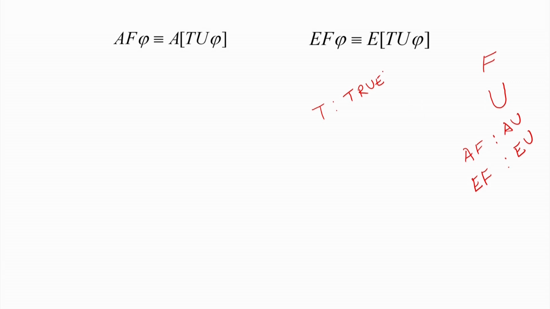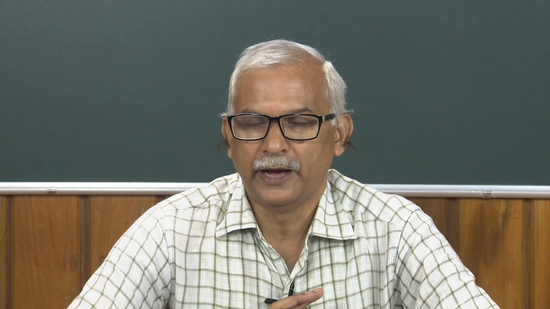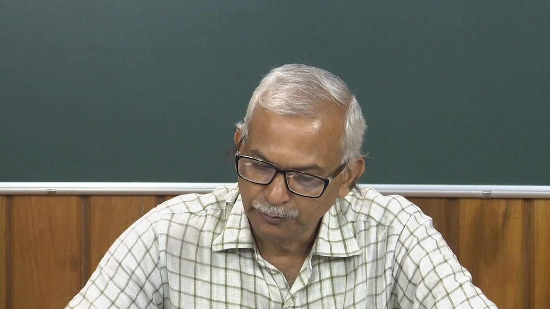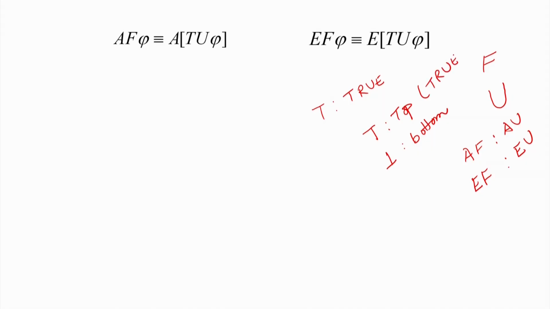Here it is written as T, but already we have introduced the notion of two symbols, called top and bottom, while defining the syntax of our CTL formula. Top indicates truth value true and bottom indicates truth value false.